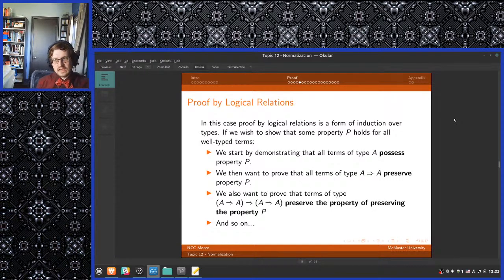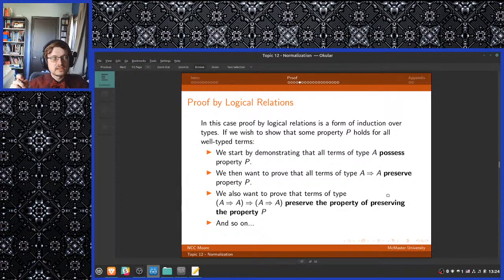And then, of course, you just continue to increase the number of abstractions, the number of layers deep the arrow goes. You want to demonstrate that you preserve the property over expressions of increasing type complexity, right? So in essence, what you want to do is an inductive argument where A is the base case and T1 yields T2 is the inductive case.